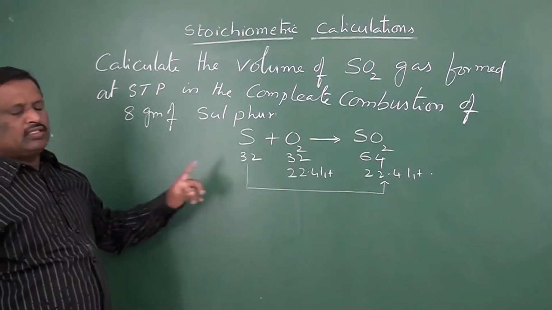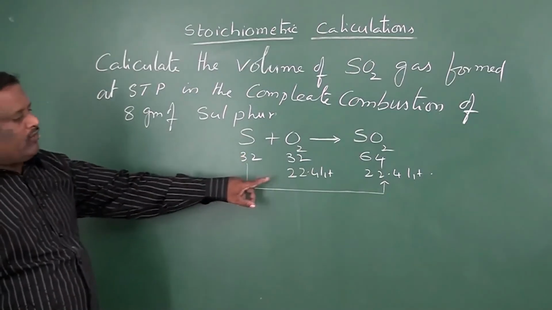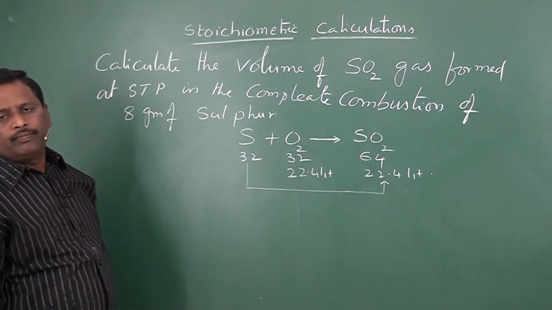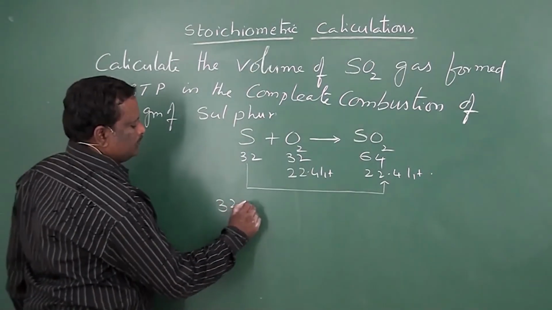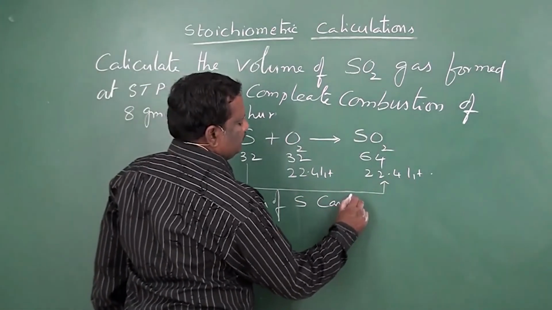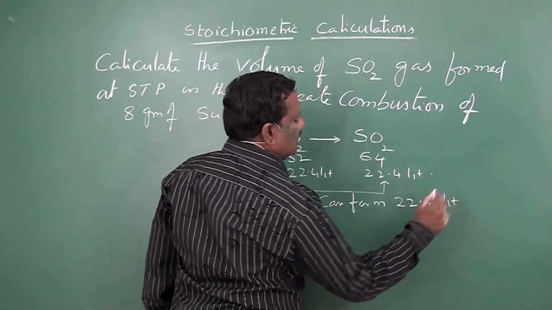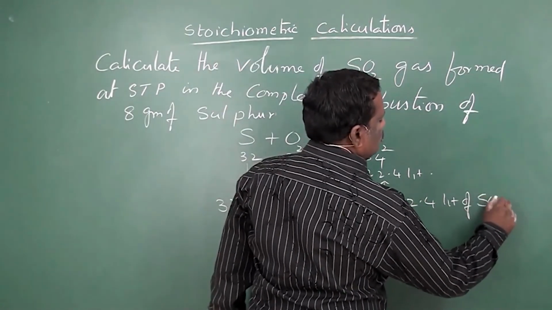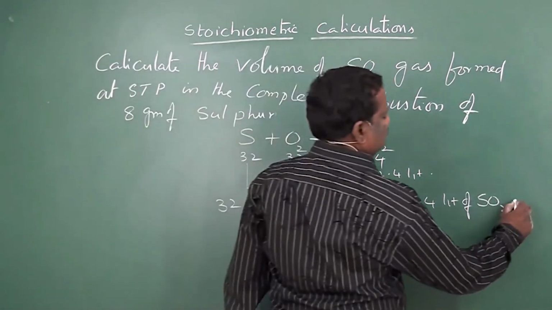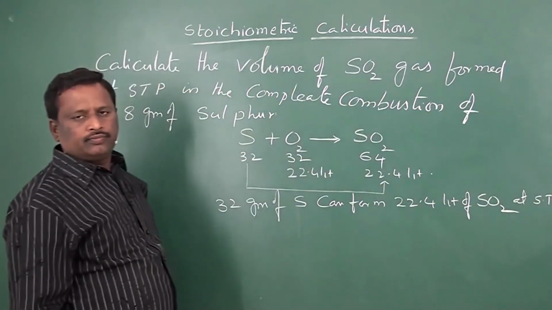From this equation, it is evident that 32 grams of sulfur can form 22.4 liters of SO2 gas at STP. Remember, this volume is only at STP conditions, not in other conditions.